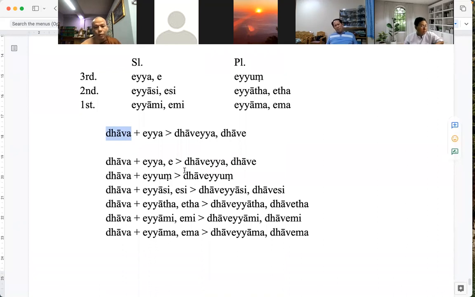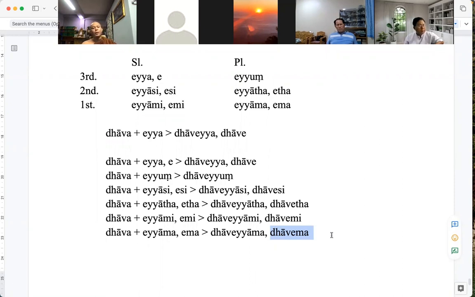So now we have dawiya, dawiyo, dawiyasi, dawiyata, and then dawiyami, dawiyama. In this way, all of the bases ending in the same way as the dawa base.